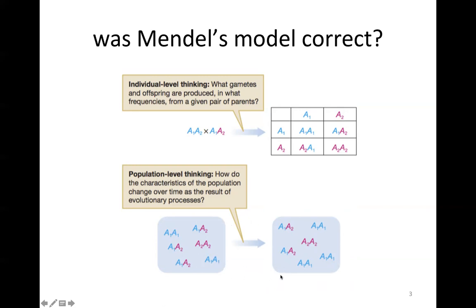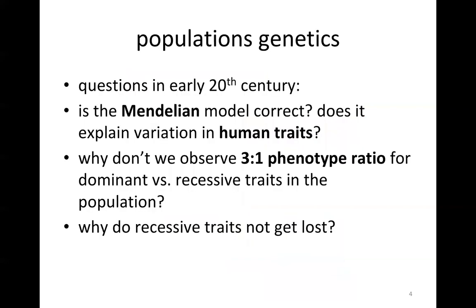This type of gene pool level of thinking wasn't around then, and what Hardy and Weinberg, these two natural scientists at the time, one British and one German I think, proposed filled in that gap.